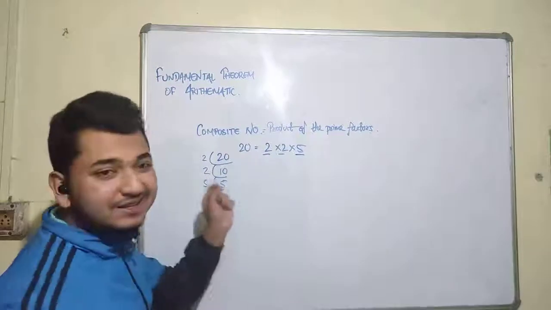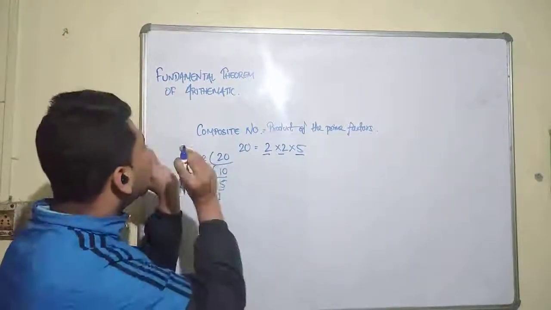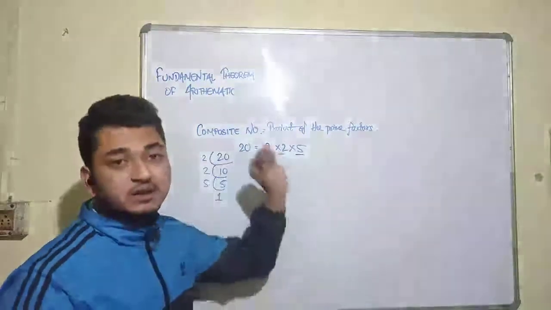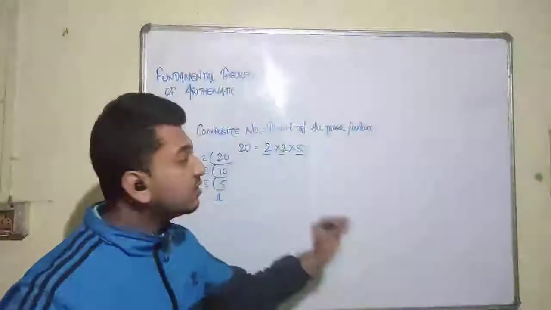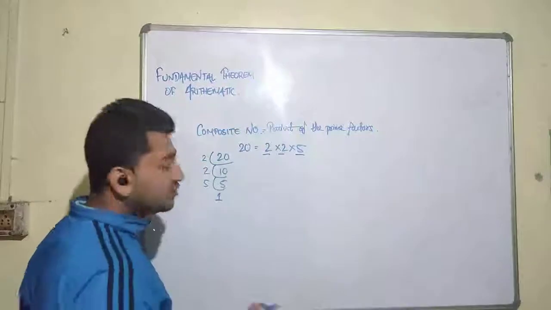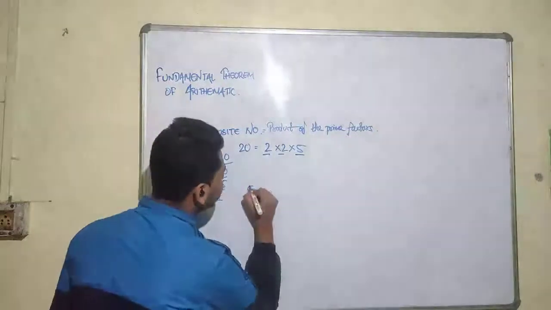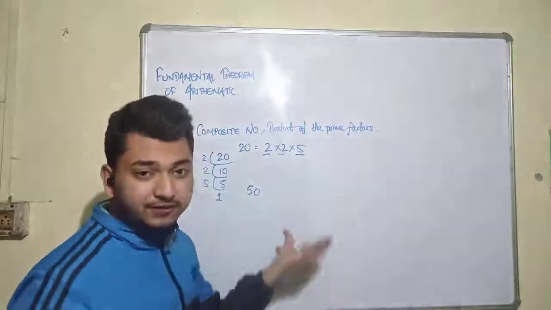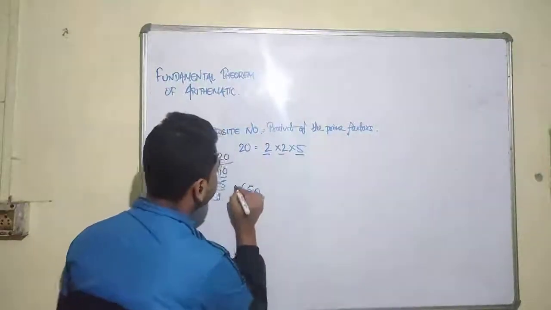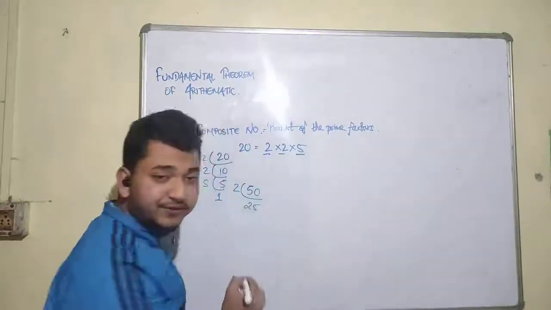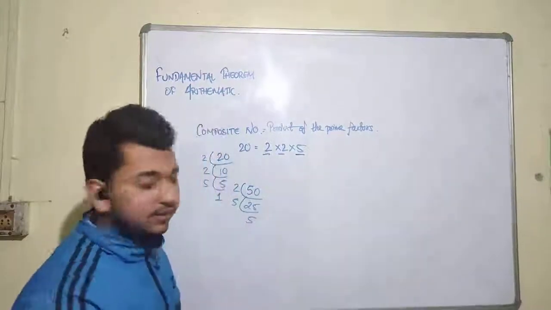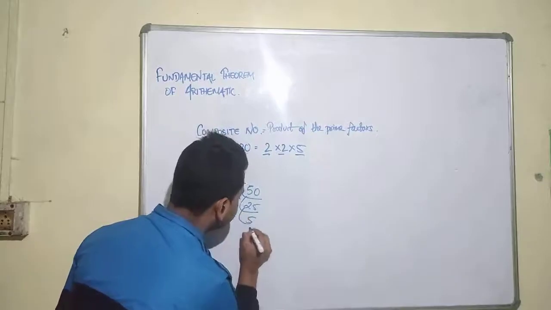We have got this relation that a composite number can be expressed as a product of its prime factors. Now if we have 50, 2 25s are 50, 5 5s are 25 and 5 ones is 5.